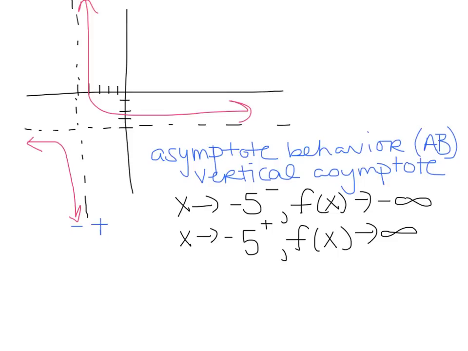Okay, now the end behavior you should be fairly familiar with. As x goes to negative infinity, f of x is going towards... So as we move out here towards negative infinity, this graph is getting forever close to my horizontal asymptote.